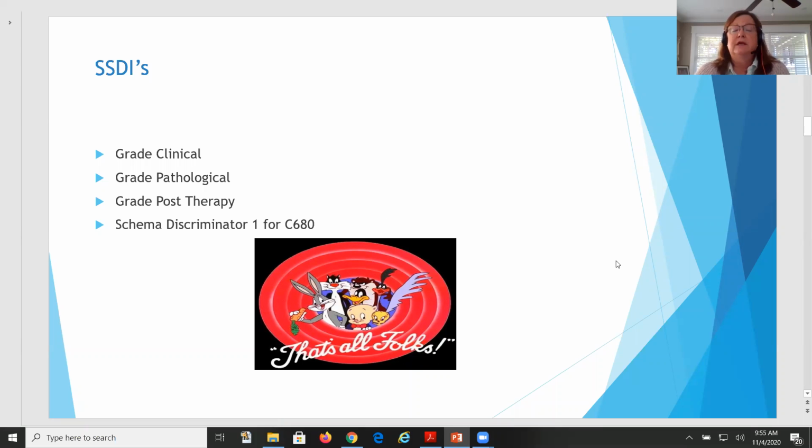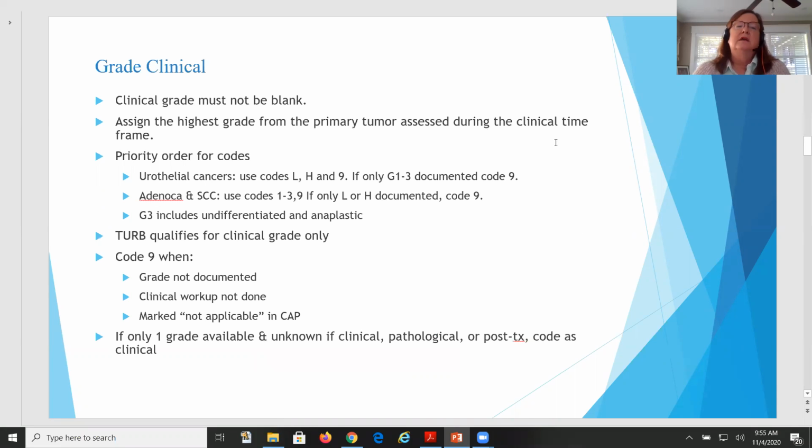This helps us determine whether we're to use the urethra NOS schema or the prostatic urethra schema. So that's all we have for the SSDIs. Going through grade clinical, Jennifer did an outstanding job of going through all that yesterday, so I'm going to go through these slides quickly.